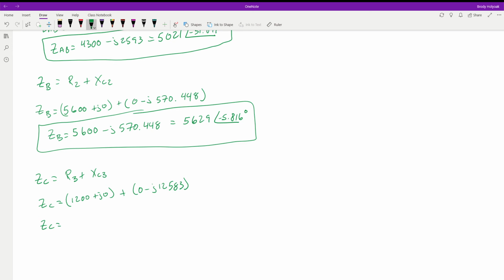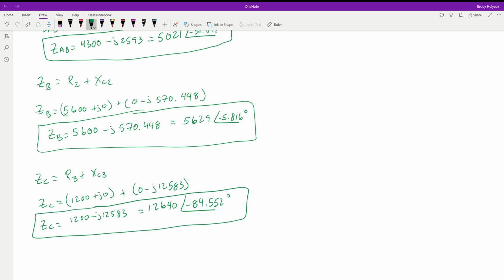ZC gives us a final value of 1200 minus j 12,583. Convert that to polar as well, and we get 12,640 at an angle of negative 84.552 degrees.